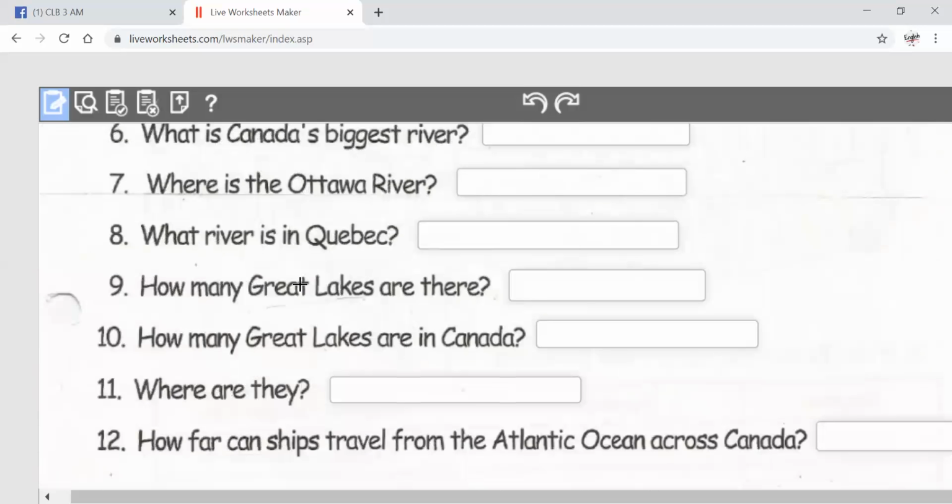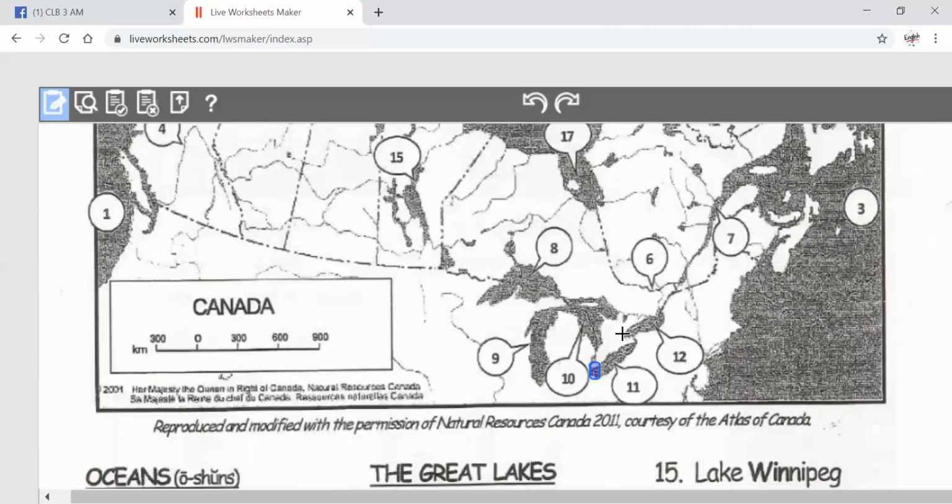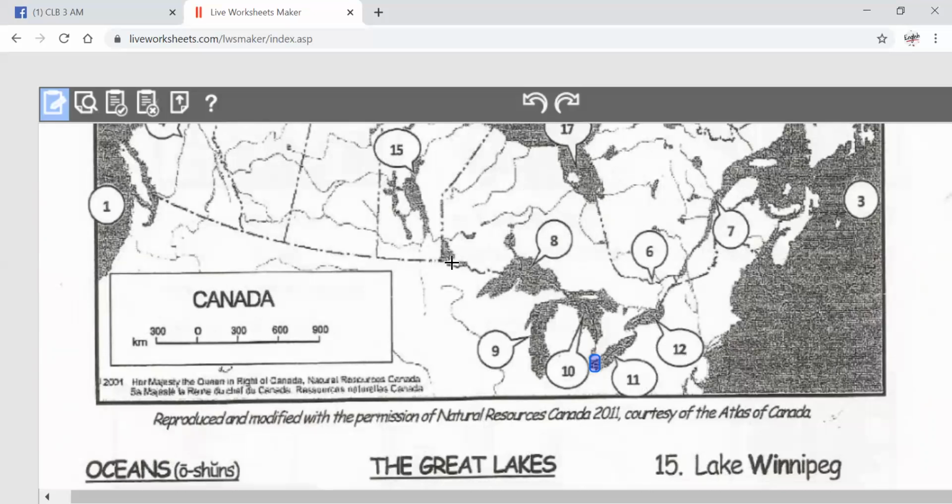All right, next one. How many Great Lakes are there? How many Great Lakes are in Canada? Now, this is an important question because some of the Great Lakes are in America. So do you see this border here? This is Ontario. And then under Ontario over here, this area is America. If you look at my mouse over here, this is America.